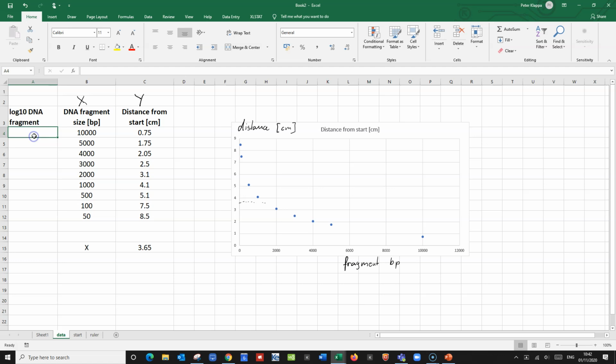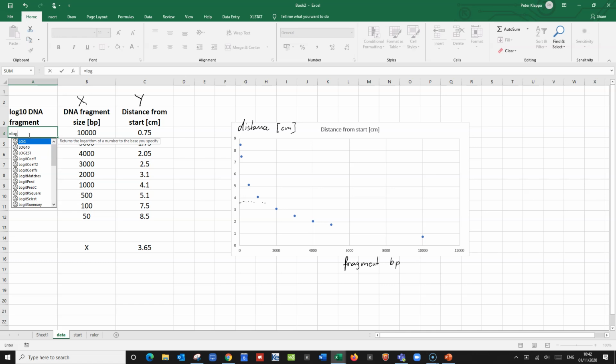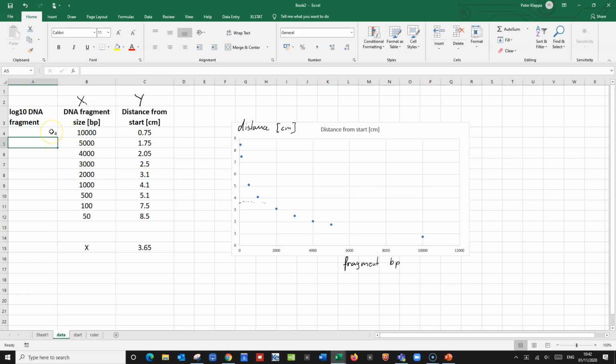And Excel can do that quite nicely. All we need to do is transform our DNA fragment size into the log DNA fragment size. So this is equals log, and we use the log 10 here, log 10 of our DNA fragment, and we get our fragments here. We do this calculation for all our DNA fragments.